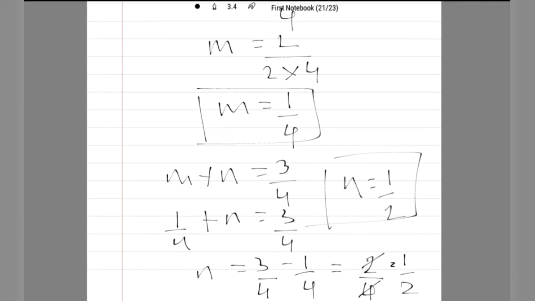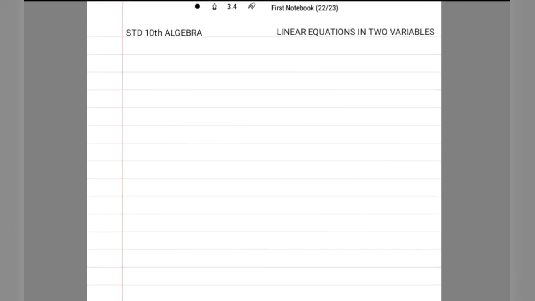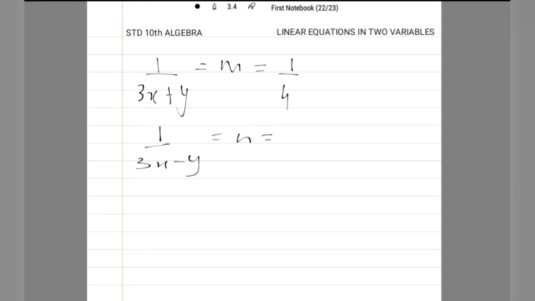So, 1 upon 3x plus y, we had considered as m, and we got m as 1 by 4, right? And again we had 1 upon 3x minus y is equal to n, and we got the value as 1 by 2. So these are the two equations we got, and now we are going to cross multiply.